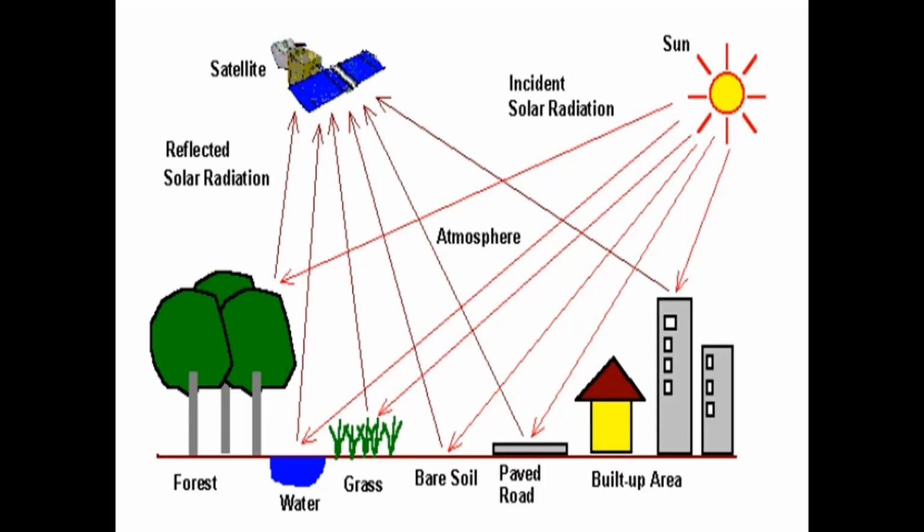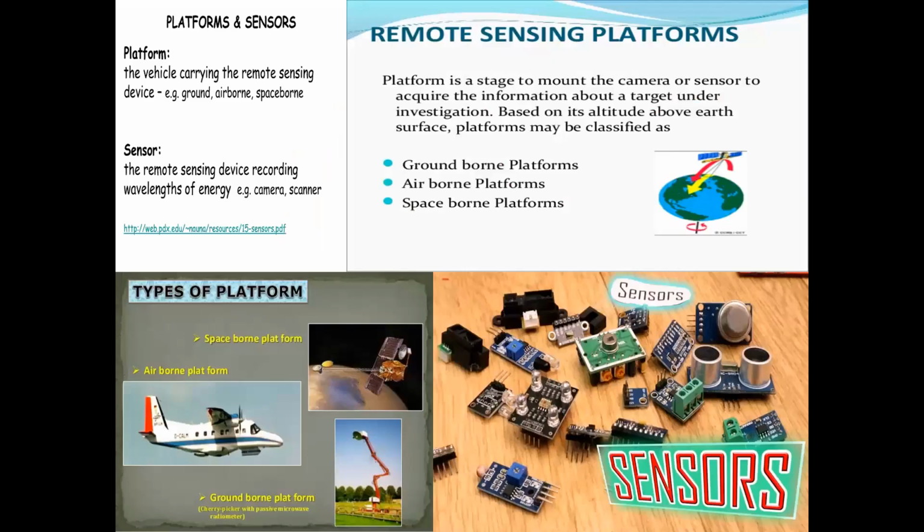Second, another one: sensors. What are the sensors? What are the platforms? A platform is a stage to mount the camera or sensor to acquire information about a target under investigation.